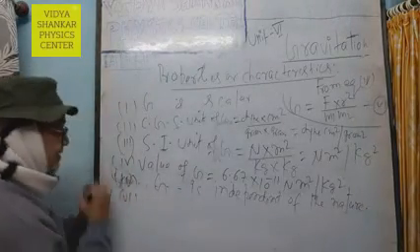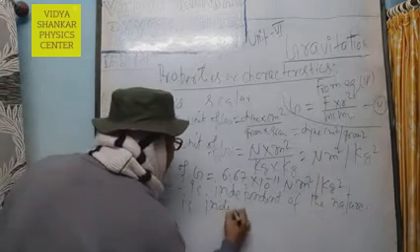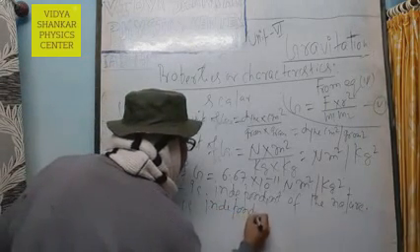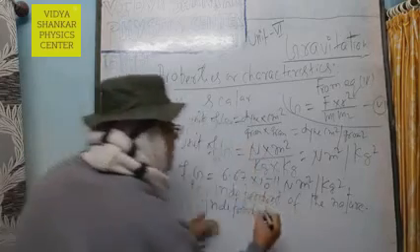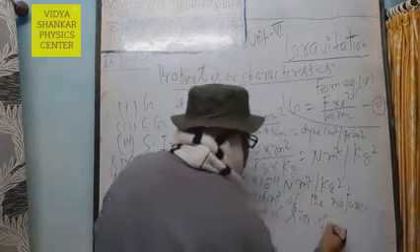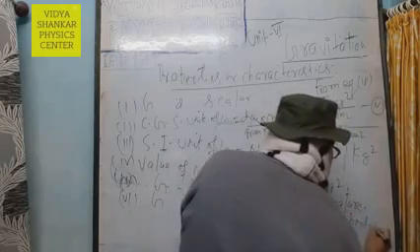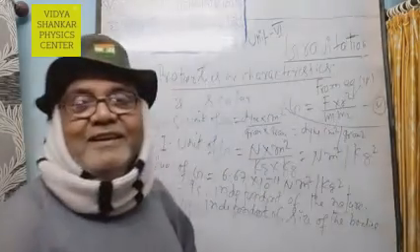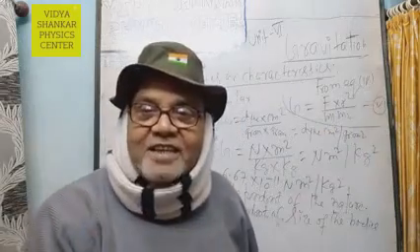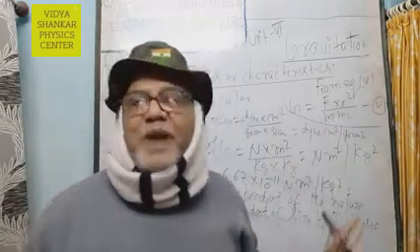Sixth, capital G is independent of the size of the bodies. Whether it is a smaller size or greater size does not matter.